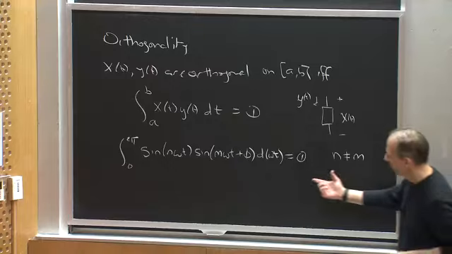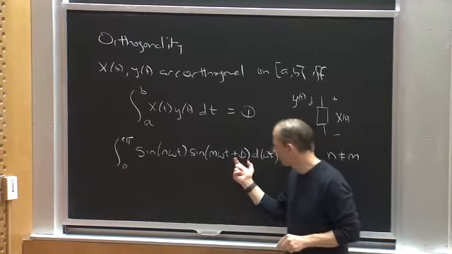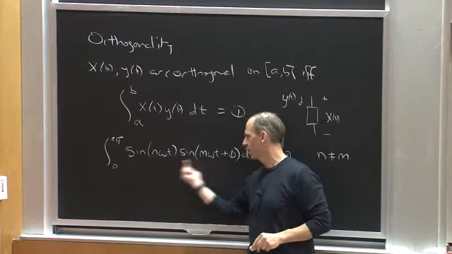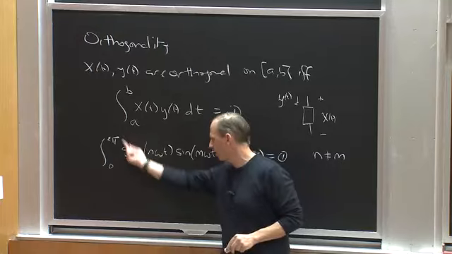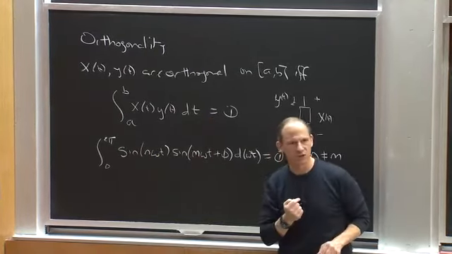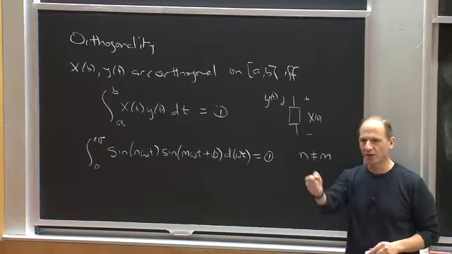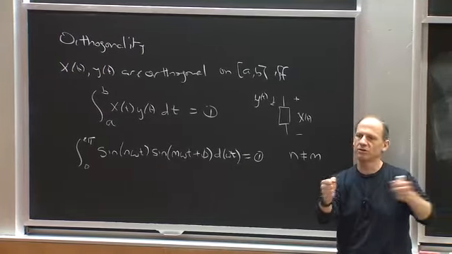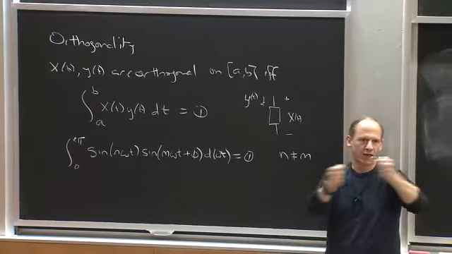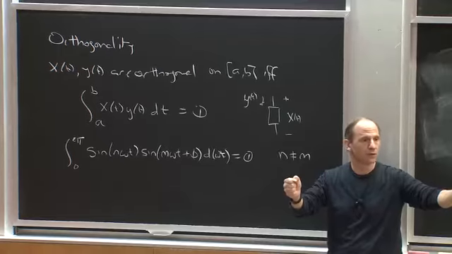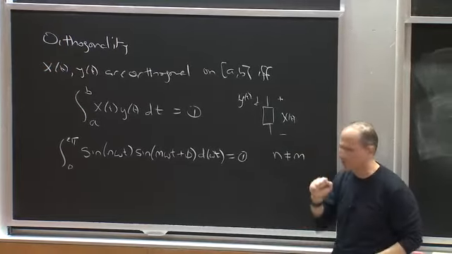Meaning, if I have two sinusoids at different frequencies, and here I'm thinking about a commensurate interval, so n and m are just different, they're orthogonal. If I multiply sine at one frequency by cosine or sine at another frequency, and I integrate them, I'm going to get 0, as long as I'm over a commensurate interval.